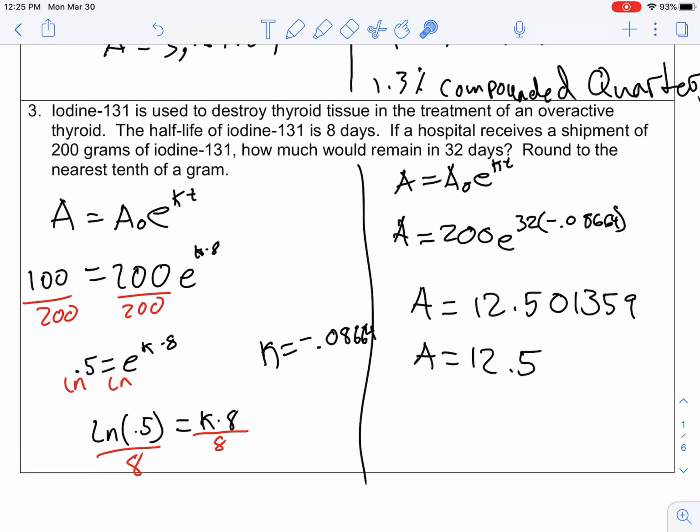Now that we know that, we can go in and plug in the information to solve for 32 days. So again, same formula, but now we have our information here. So when we do that, I just kind of punched it in the calculator in order, and then it wants to round to the nearest tenth of a gram. So that would be 12.5 grams.